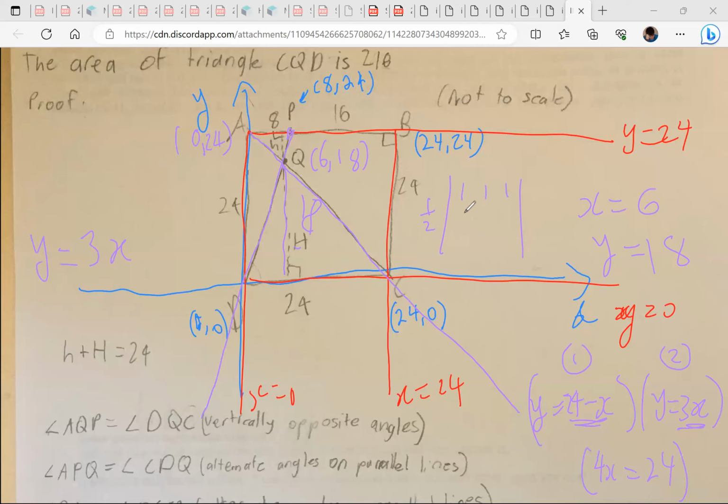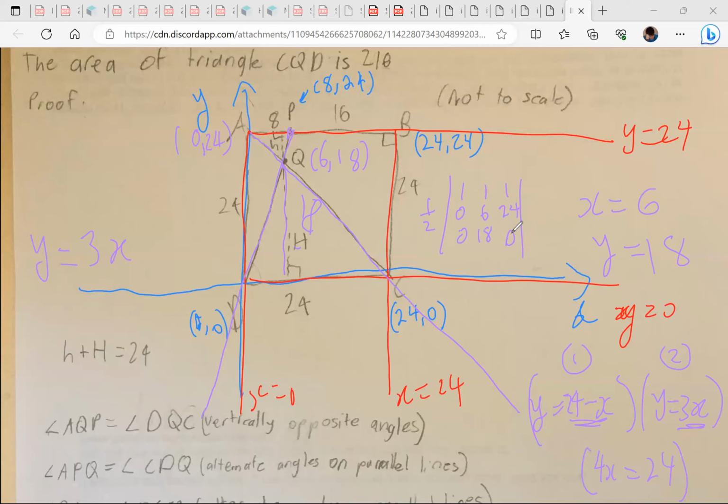And then you put the coordinates, so it's DQC, right? So you put 0, 0 here, and then Q is 6, 18, and C is 24, 0, right?